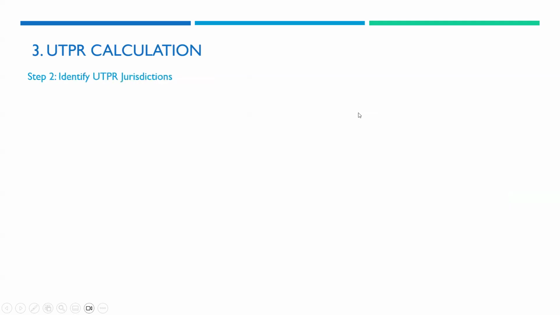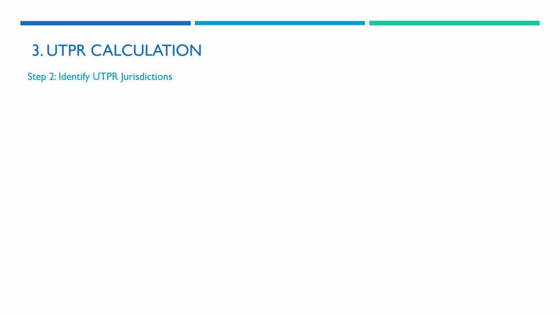Now you have to identify the UTPR jurisdiction. Which constituent entity will collect UTPR? For the constituent entities to collect UTPR, they should also have a qualified UTPR status.